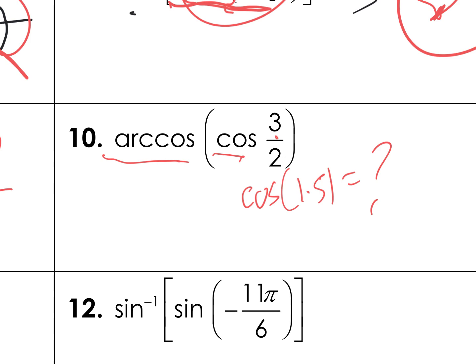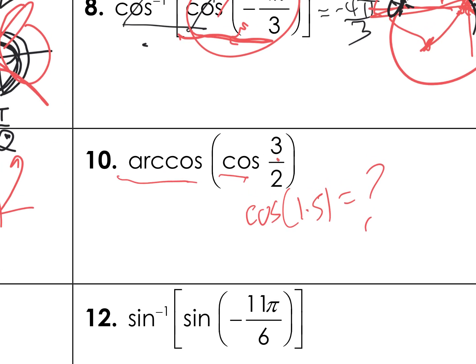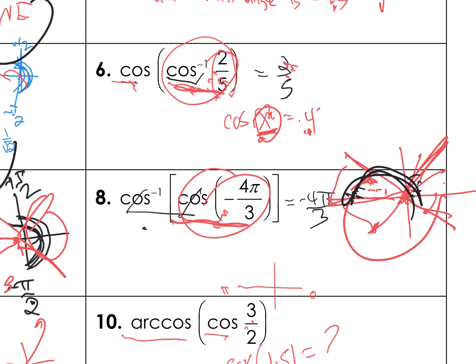But the rule was at the top that the answer would be x if we were in the domain between 0 and pi. Arc cosine of cosine of x is x between 0 and pi.